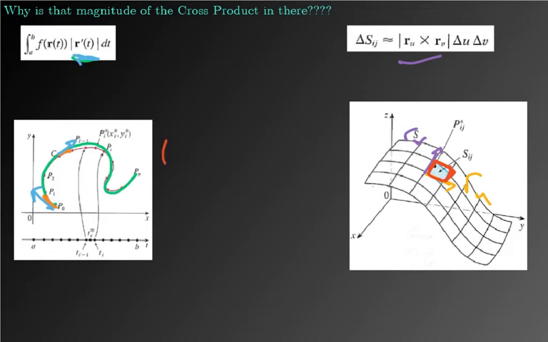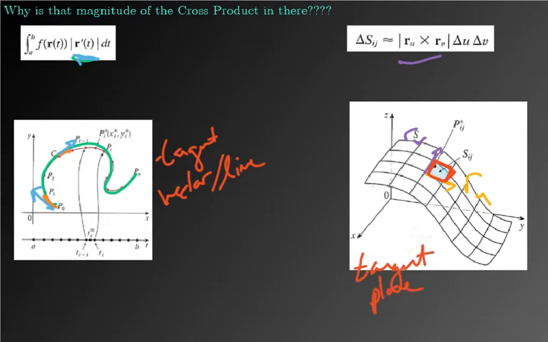So here it's the tangent line, and here it's a tangent plane. The tangent plane acts as a good approximation of the part of that surface, just like the tangent line acts as a good approximation of the curve here.